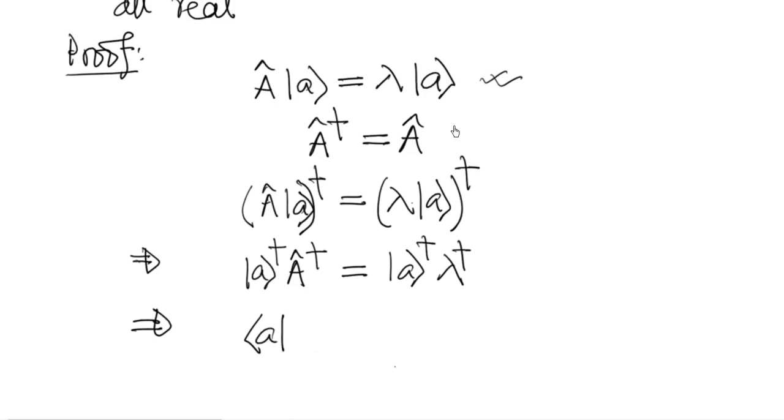And since A is a Hermitian operator, we can write this. And lambda is a scalar quantity, so its dagger means its asterisk, meaning complex conjugate.